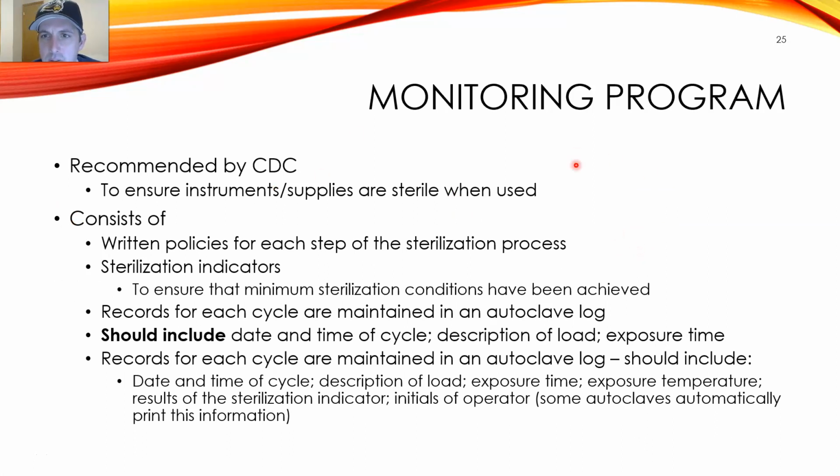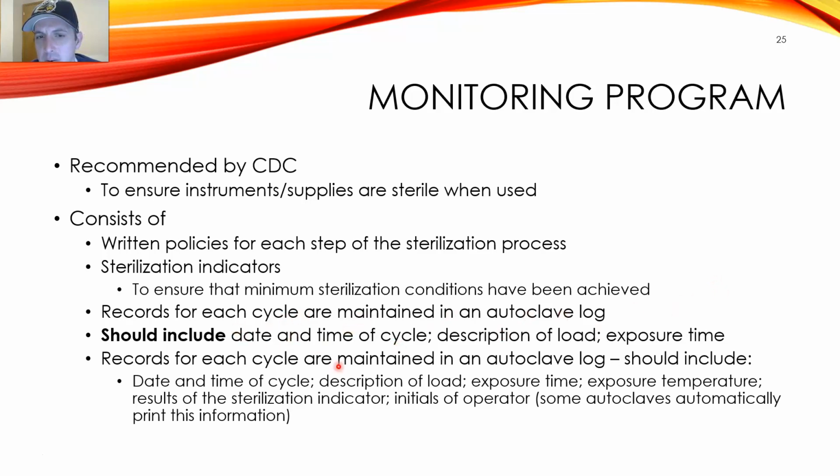Like everything else, we have to first start with a monitoring program so we can track all of these. It's the written policies for each step, as well as the sterilization indicators that we're going to be using. How are we making sure that our sterilization program is effective? It also includes records for each cycle, right?